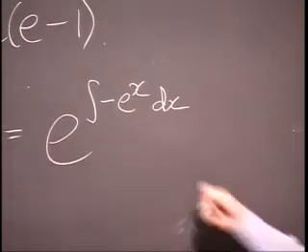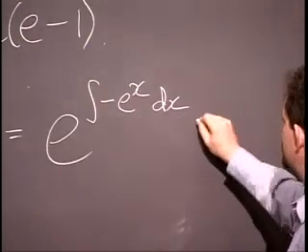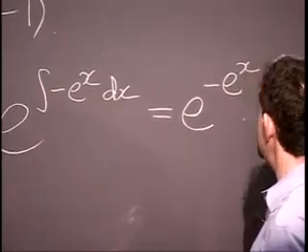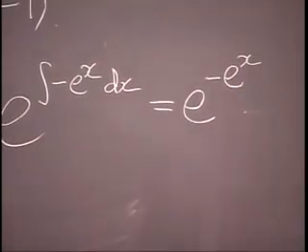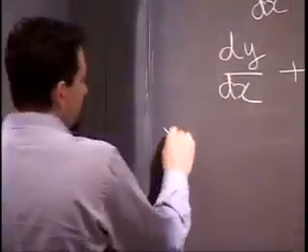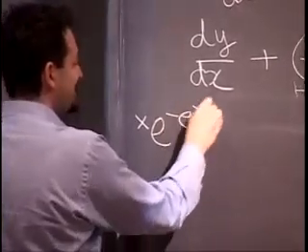Well, the integral of minus e to the x is just minus e to the x, plus a constant. We don't need the constant. So the integrating factor is e to the minus e to the x. All right, so I've computed that. And now the next step is to multiply through by that integrating factor, e to the minus e to the x.